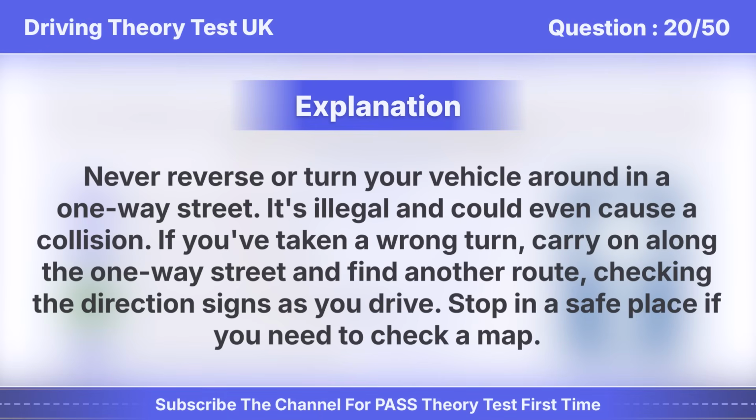Never reverse or turn your vehicle around in a one-way street. It's illegal and could even cause a collision. If you've taken a wrong turn, carry on along the one-way street and find another route, checking the direction signs as you drive. Stop in a safe place if you need to check a map.